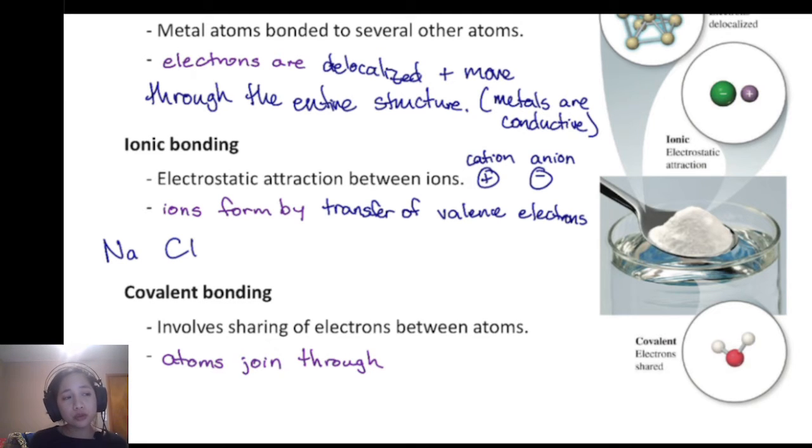Right now we just have two neutral atoms. There is no attraction between them. What drives the formation of an ionic compound is this transfer of valence electrons. Here is where our use and skill of electron configurations come into hand. If we write out the electron configurations for sodium and chlorine, we can more clearly see this transfer of electrons to form an ionic bond.